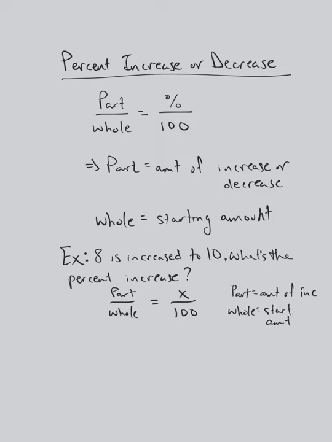So what did I start with? We started with an 8 equals x out of 100. The key thing is we don't use that 10 there. What we use is the amount that we increased by, and so we started at 8 and we increased to 10, so that would be 2.